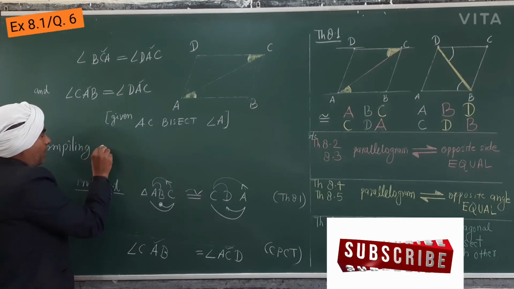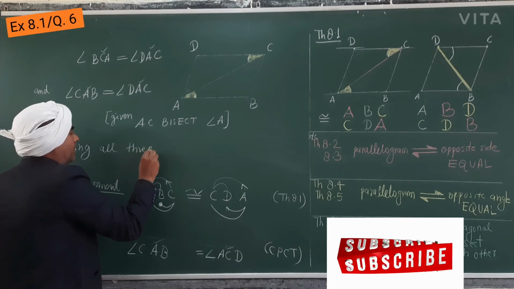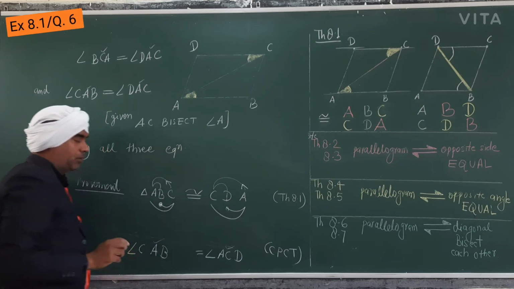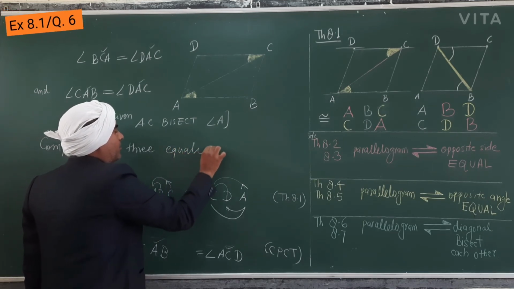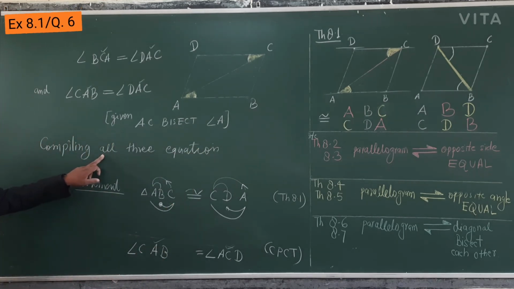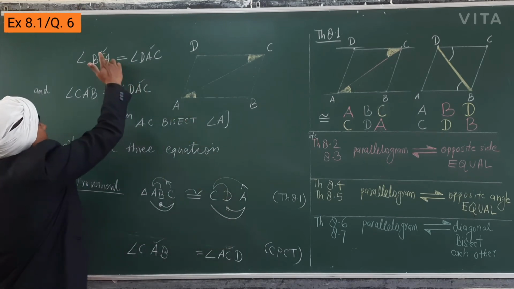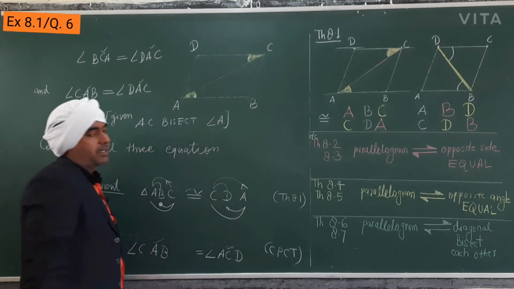Compiling all three equations, what you will get? All the angles are equal, means C also equals, C and C. So C and C are equal, means C is bisected.